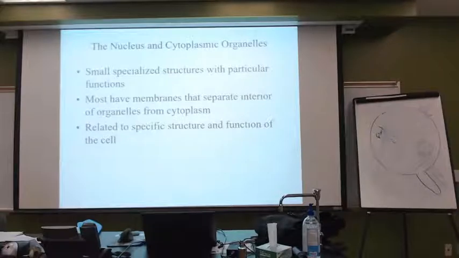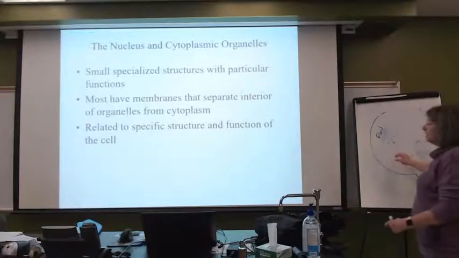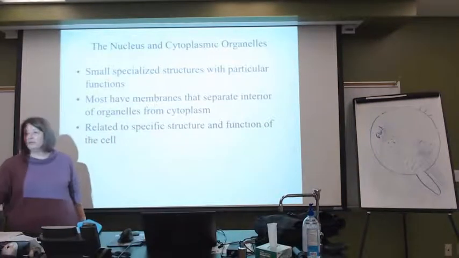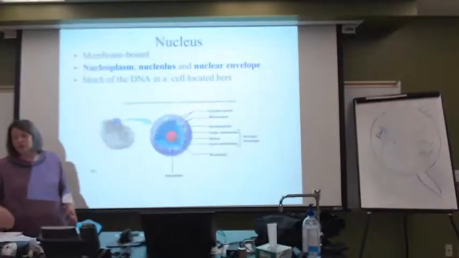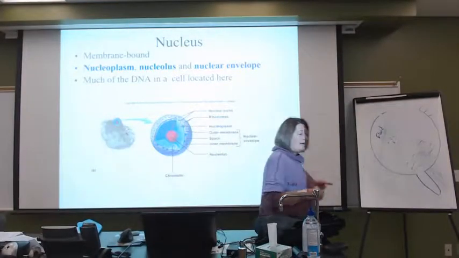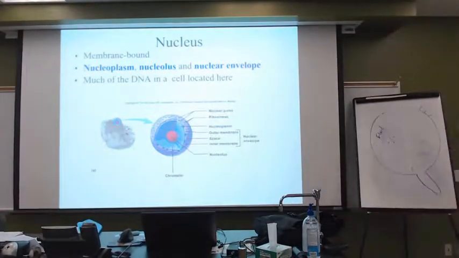So that means this cell is not only working to create a membrane around the cell itself, it's working to create a membrane around these organelles. The nucleus is one that has the double membrane layer.